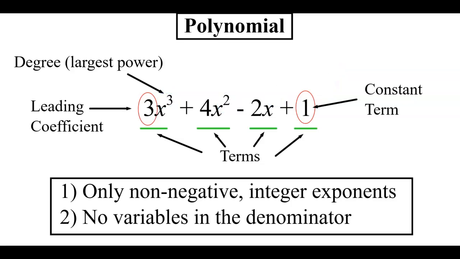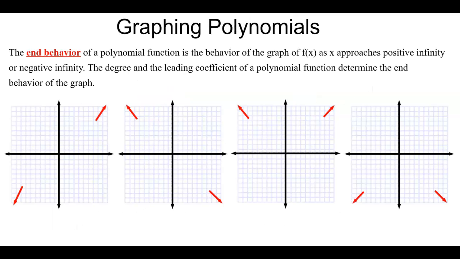Okay, so in this case, our leading coefficient is a positive 3. Our degree is 3, and we have 4 terms. Okay. So that's really important to understand because that will help us determine the end behavior of the graph of the polynomial, okay? Polynomial graphs are nice, smooth curves, okay?